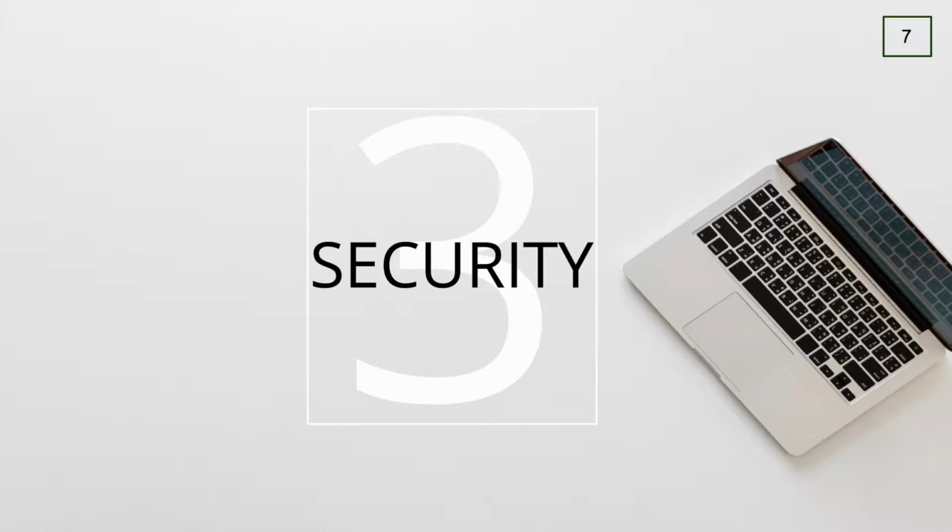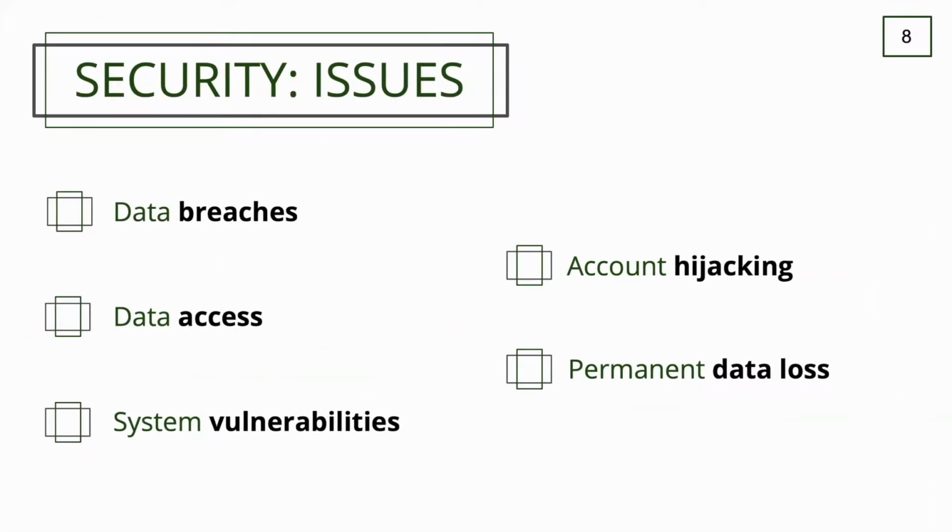And as a follow-up, we're going to propose a few methods that keep your security levels high. So, what are the security issues? First of them is data breaches. A data breach occurs when sensitive, protected, or confidential information is released, viewed, stolen, or used by an individual who is not authorized to do so. A data breach may be the primary objective of a targeted attack, or may simply be the result of human error, application vulnerabilities, or poor security practices.